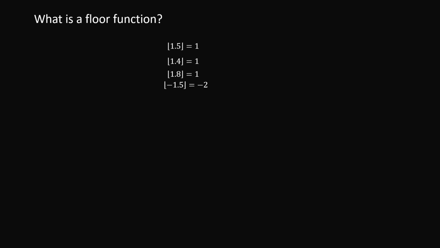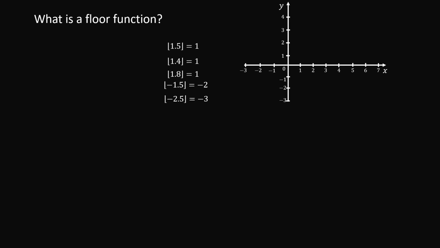And then if you fed in negative 1.5, the whole number integer less than that would be negative 2. And if you fed in negative 2.5, the whole integer less than that would be negative 3. So we have this graph that is shown here. First, let's look at the interval from negative 3 to negative 2.